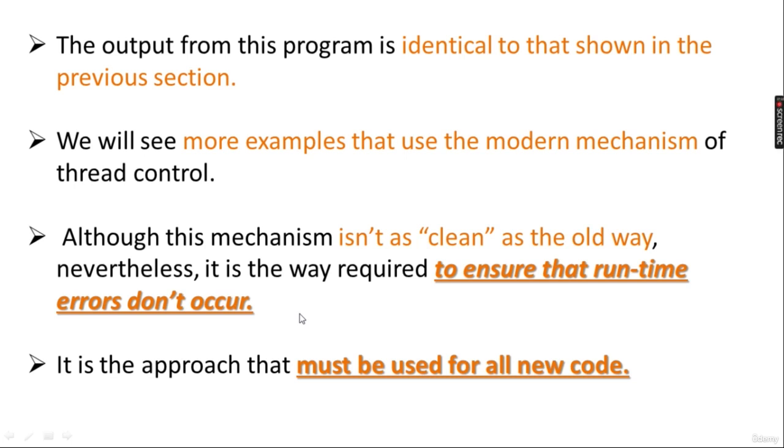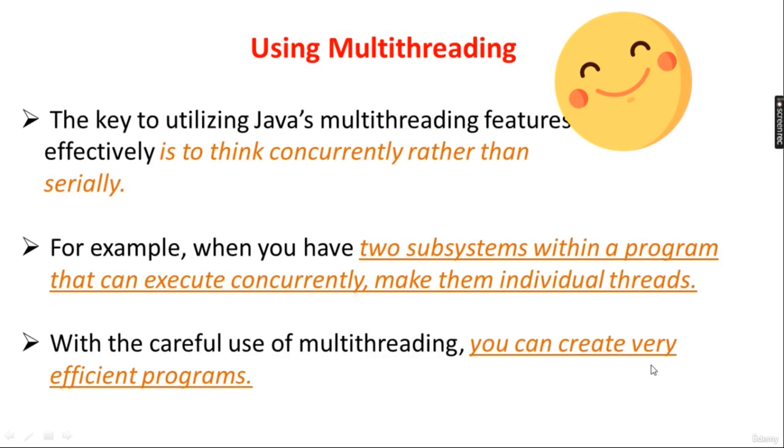It is not the most convenient way, as the old methods were there. But still, for saving our system from failures, we have to use this method to write the program. It is the approach that must be used for all new code, and we have no other option.